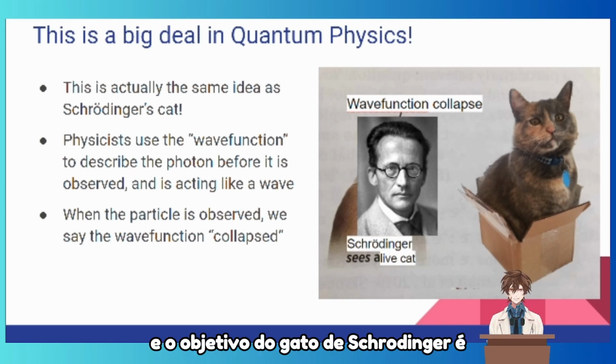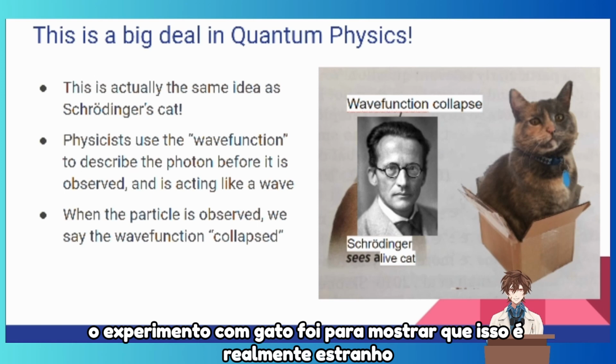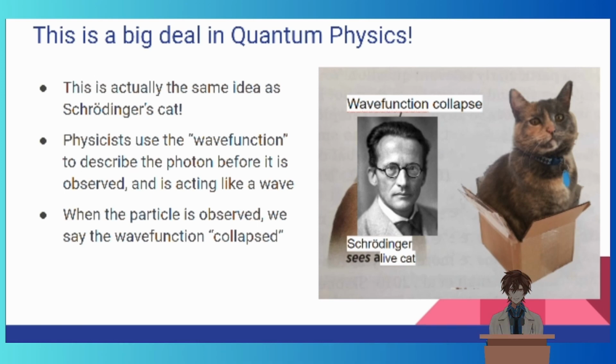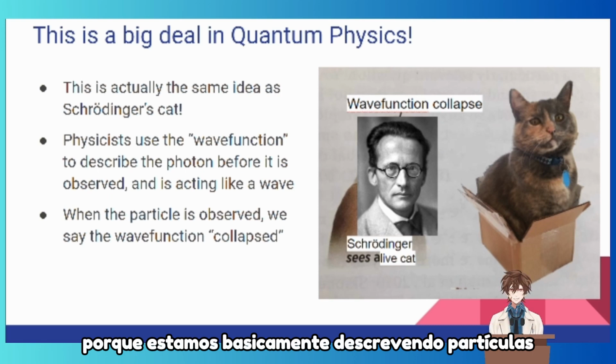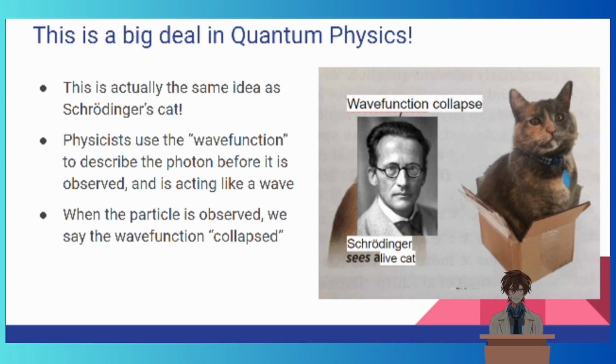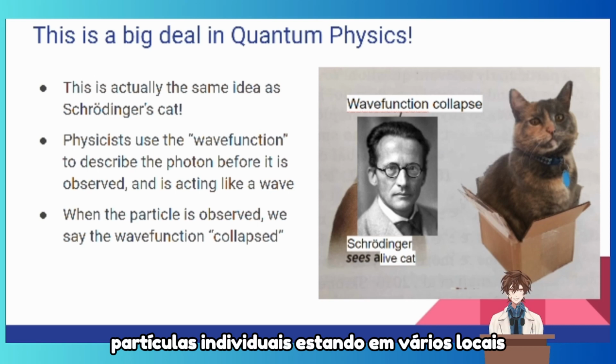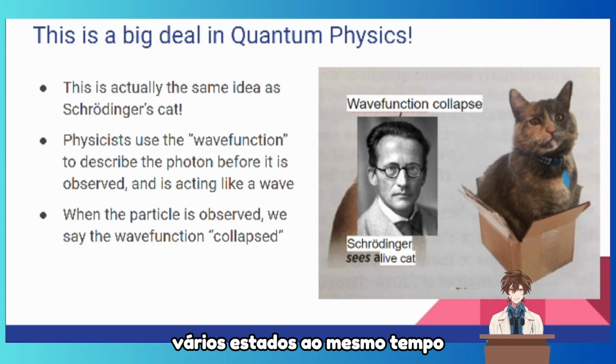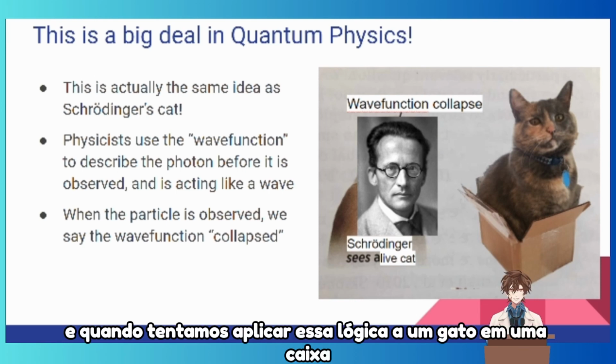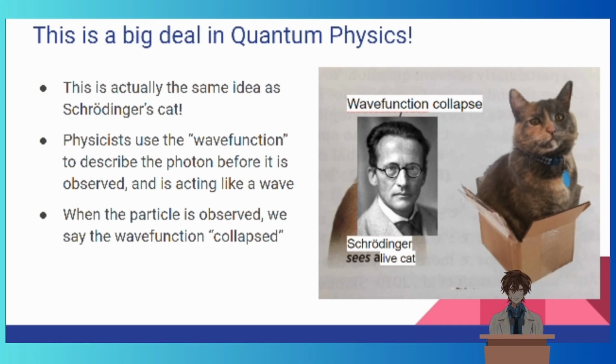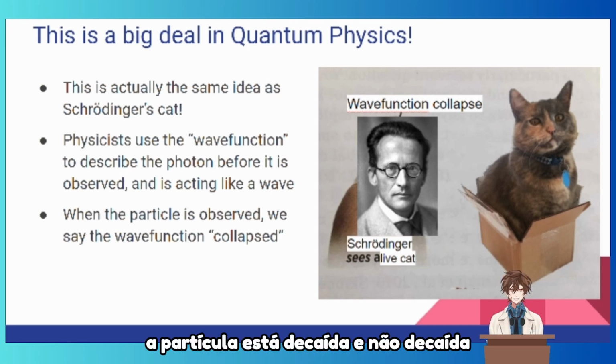The point of the Schrodinger's cat experiment was to show that this is really weird, because we're basically describing individual particles as being in multiple locations, multiple states at once. When we apply that logic to a cat in a box, the particle is both decayed and not decayed.